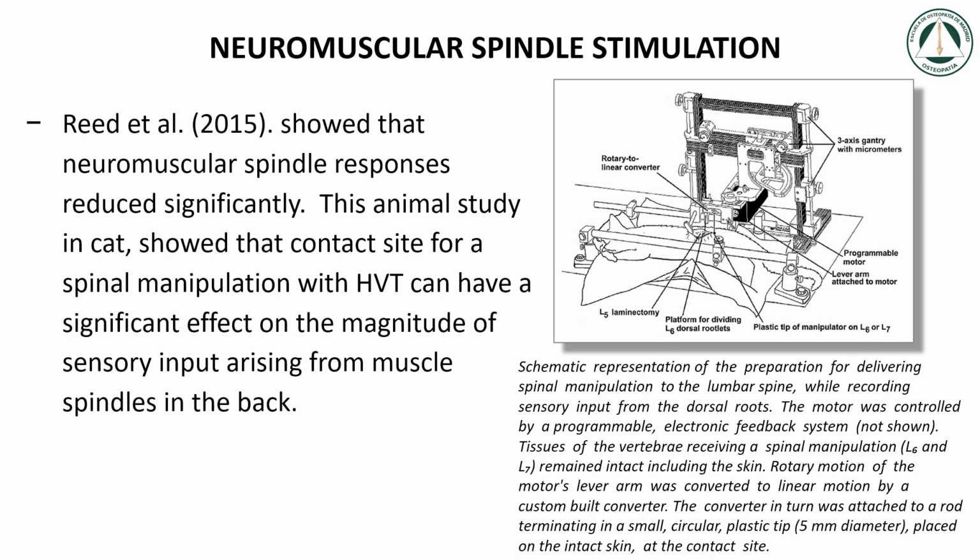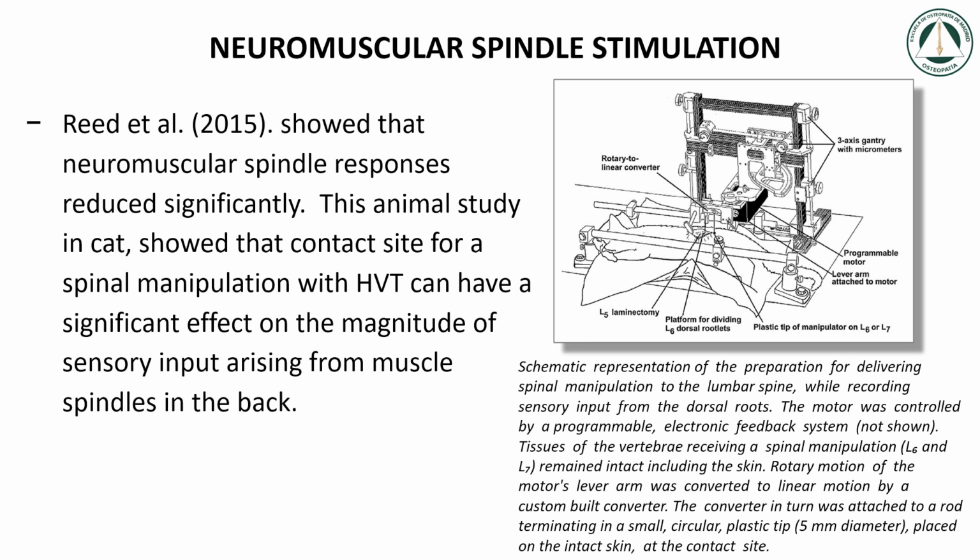The picture on the right is showing a schematic representation of the preparation for delivering spinal manipulation to the lumbar spine, while recording sensory input from the dorsal roots. The motor was controlled by a programmable electronic feedback system, not shown. Tissues of the vertebrae receiving a spinal manipulation, L6 and L7, remained intact including the skin.